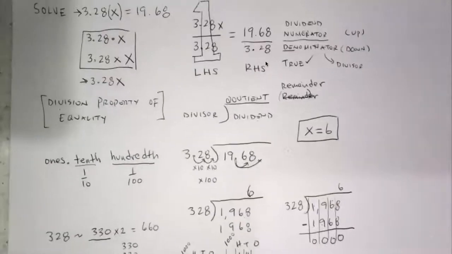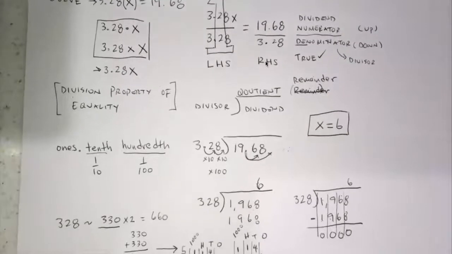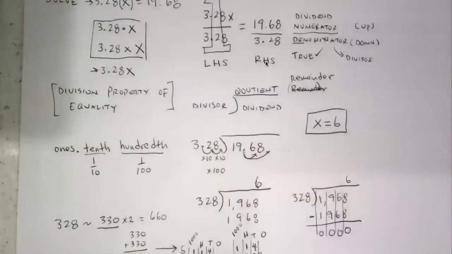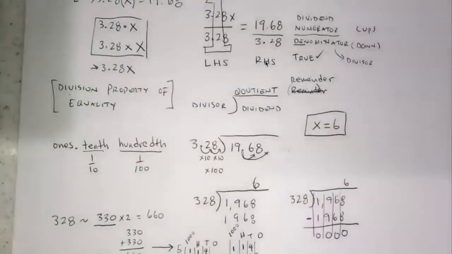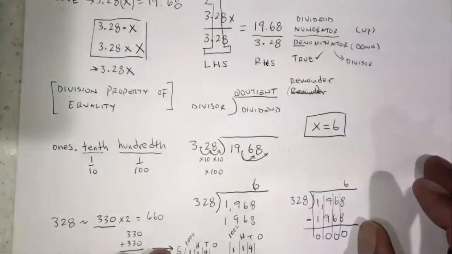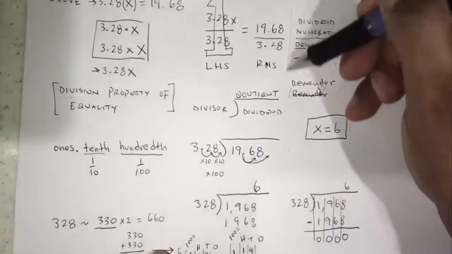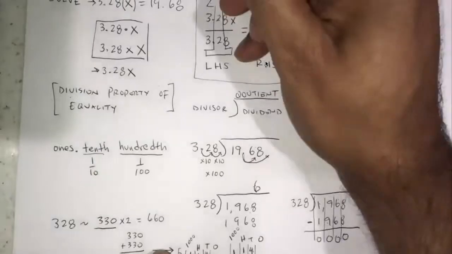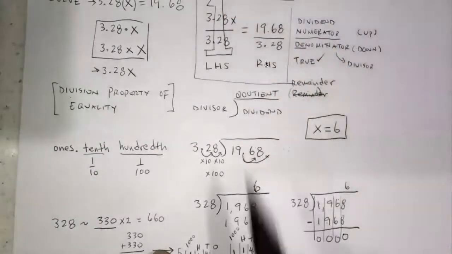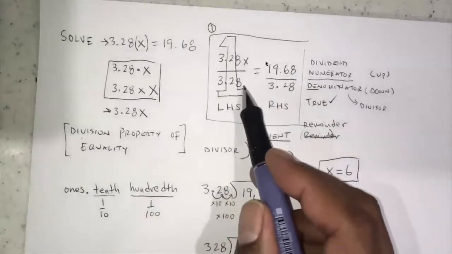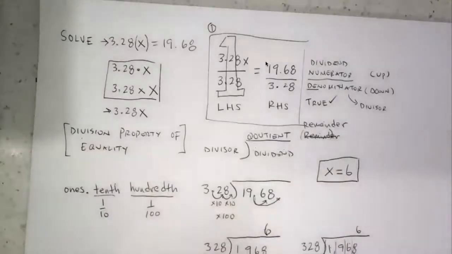Now, I explained a lot. I showed you a lot. But this was for you to have the detailed information on how to do the division property of equality with 2 decimals, or one of them being a decimal. This is going to help you. So let's recap. What were our steps? The first step came from here: dividing both sides by 3 and 28 hundredths, because that's the division property of equality.